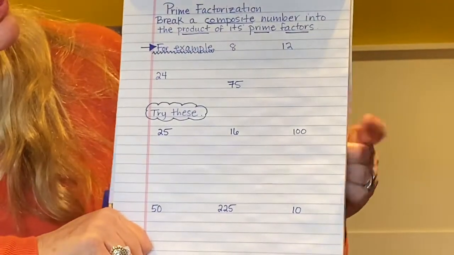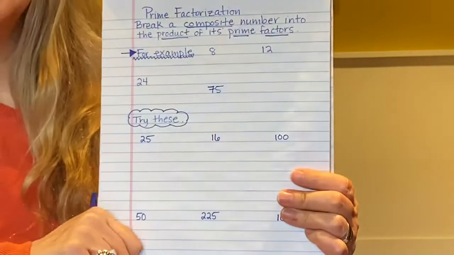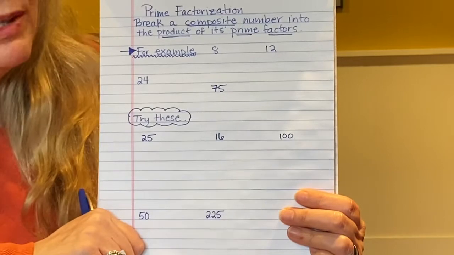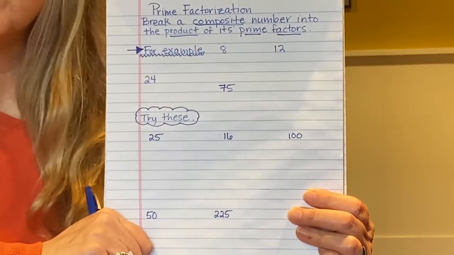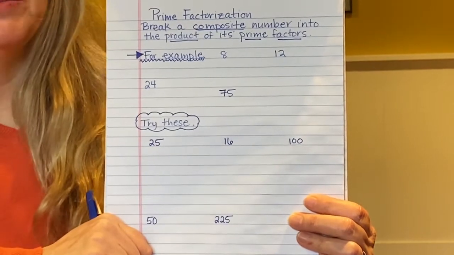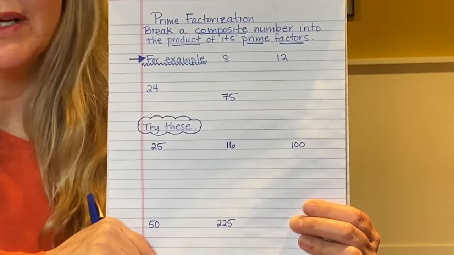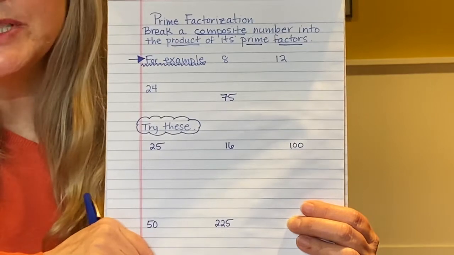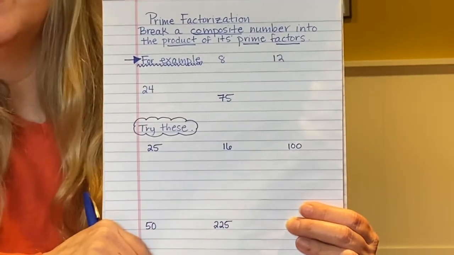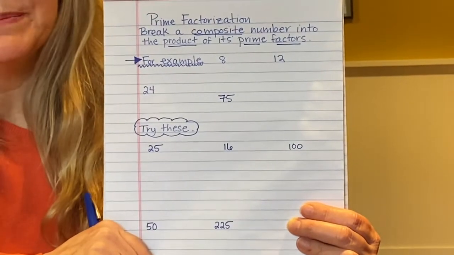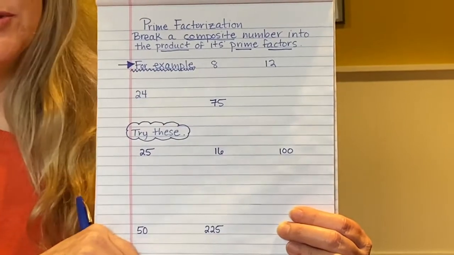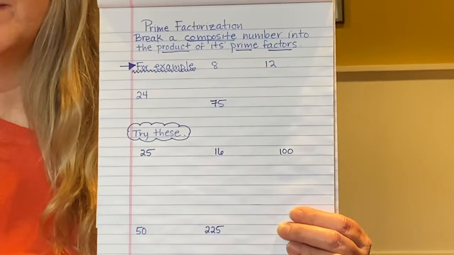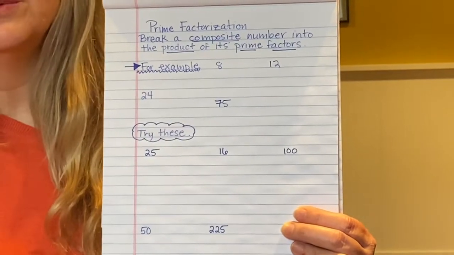So, prime is a number whose only factors are 1 and itself. For example, 2 is a prime number because the only way to make 2 is to multiply 1 times 2. 3 is a prime number because the only way to make 3 is 1 times 3. 4 is not a prime number because you can make 4 by using the factors 1, 2, and 4.